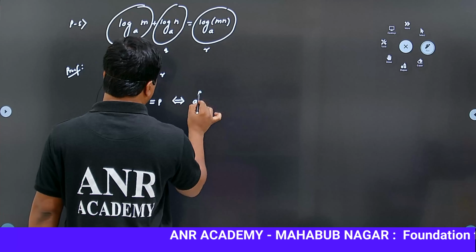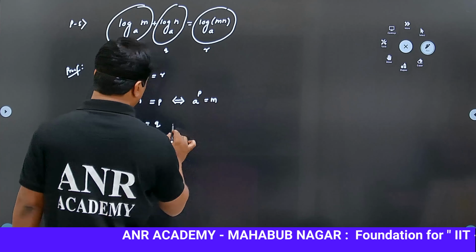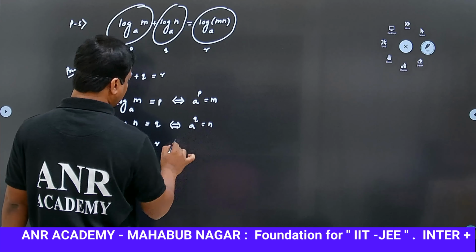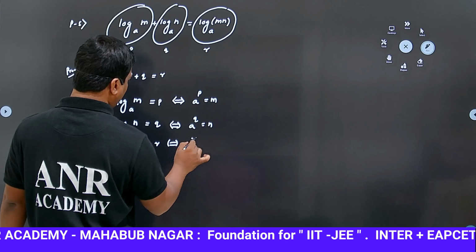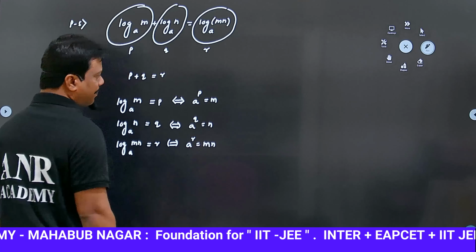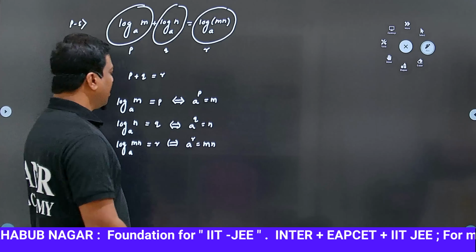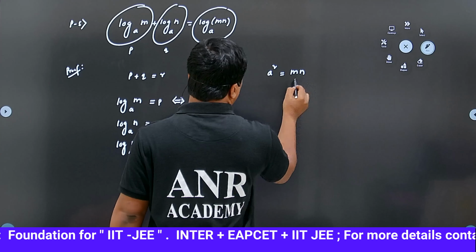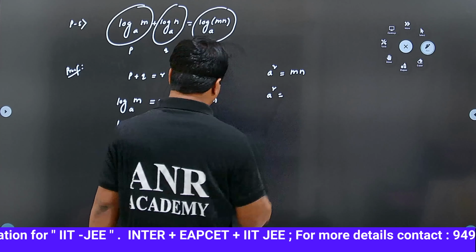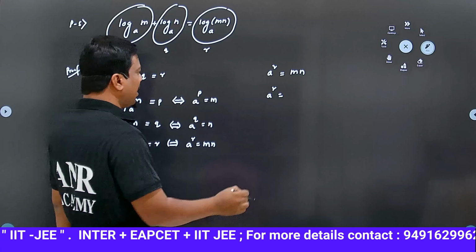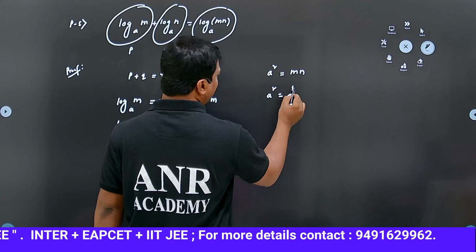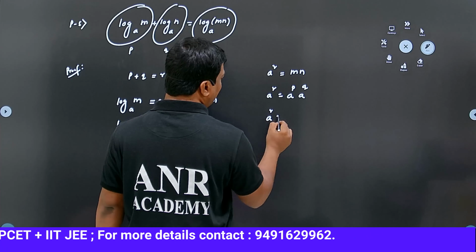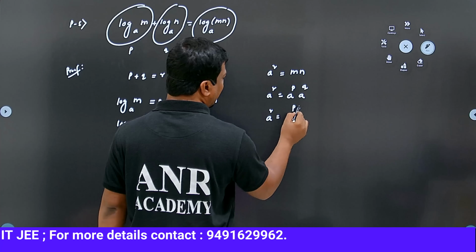You know that a power p is written as m, and from this a power q is written as n, and a power r is written as mn. Now a power r, since it is mn, is nothing but a power p times a power q, and a power r is clearly a power p plus q.